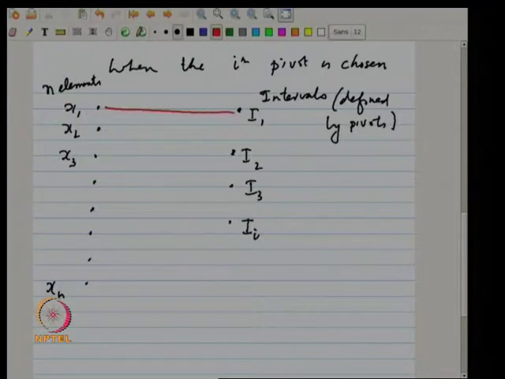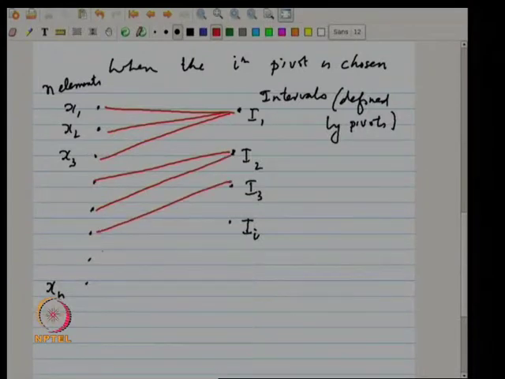It defines some sort of a graph. There is some kind of a graph before we insert the ith pivot. Now, when the ith pivot is inserted, what happens? One of these intervals splits. Maybe this interval splits.